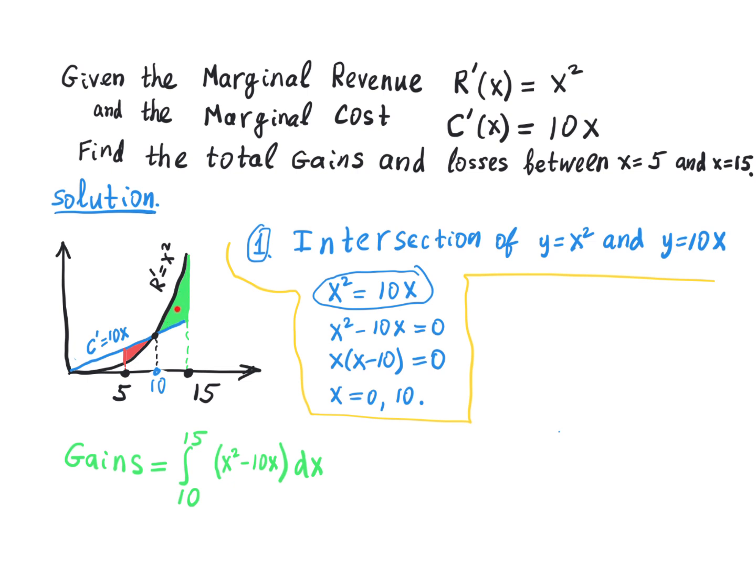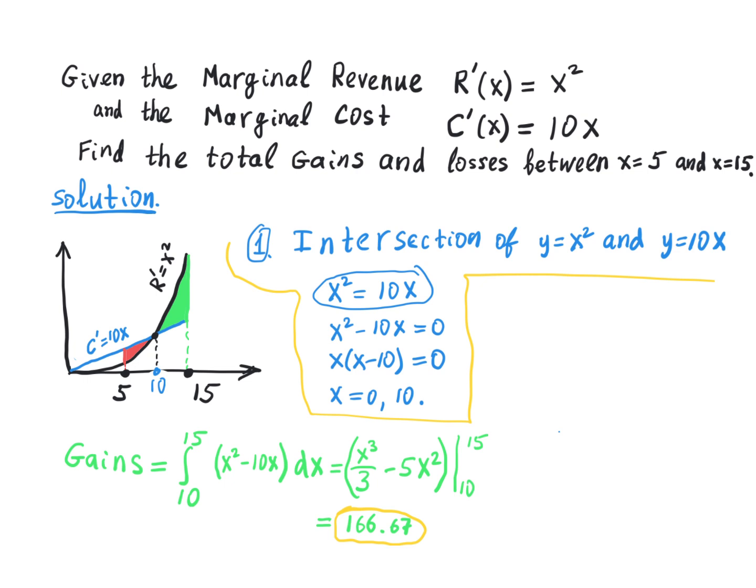In order to compute this green area, we write the integral from x equals 10 to x equals 15. Now, what do we have inside of the integral? We need to have the upper curve minus the lower curve. For this green region, the upper curve is the marginal revenue. It's higher than the marginal cost. And the lower curve is the marginal cost. So we have marginal revenue minus marginal cost. So we need to find the antiderivative.